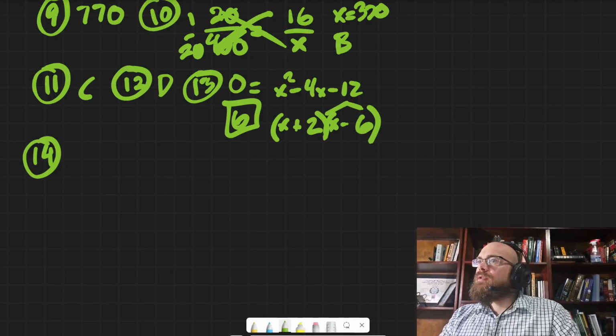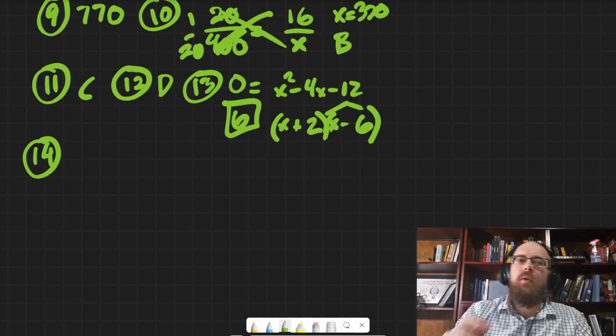A store sells 2 different size containers of blueberries. Yum. The price in dollars of each smaller container. Okay, this looks like a system question. So there's the small one and the large one.